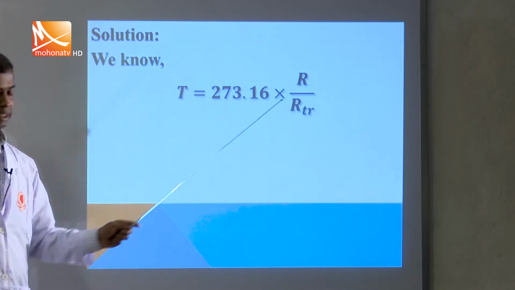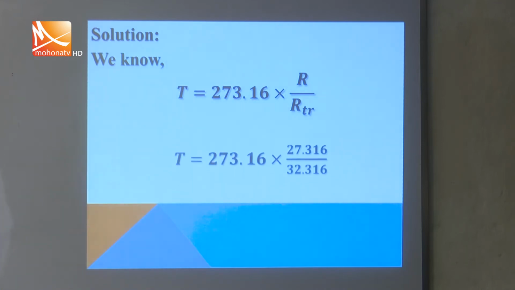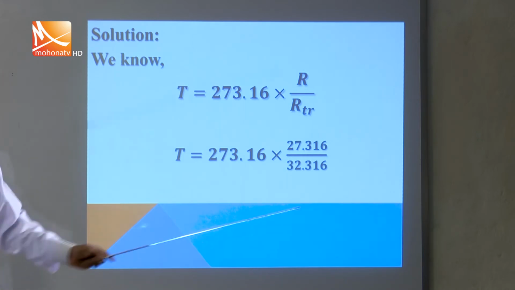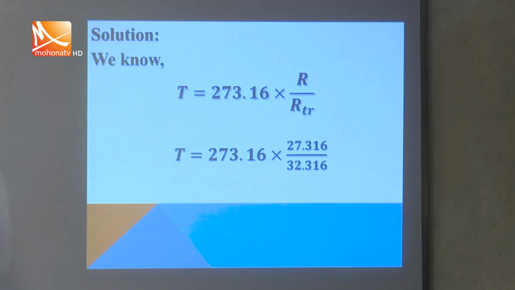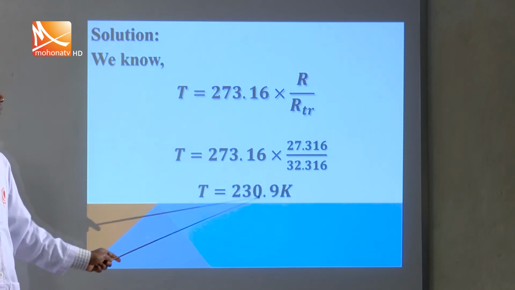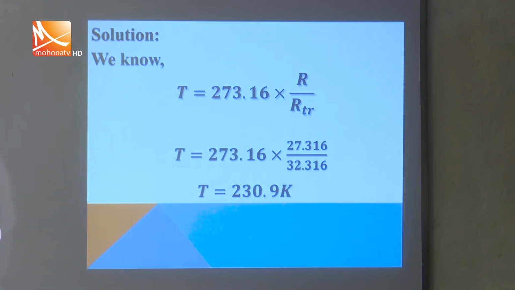Putting the values of R and R_Tr, that is the values of resistances at the unknown temperature and the triple point, you will finally get the boiling point T equals 230.9 Kelvin. So this is the boiling point of the given problem.